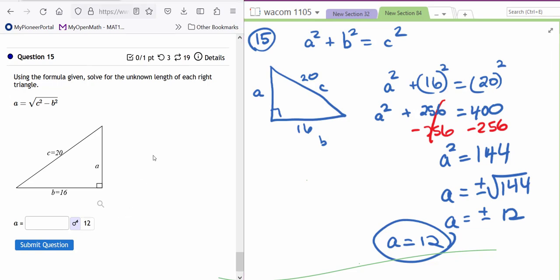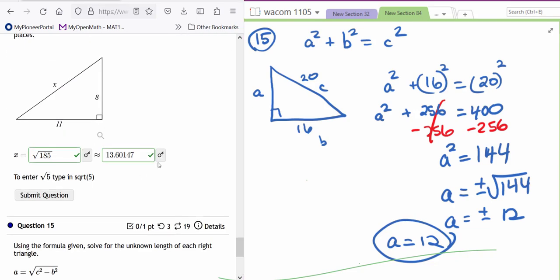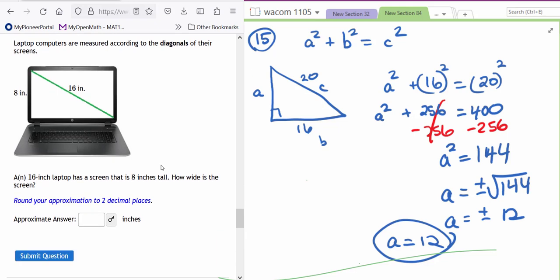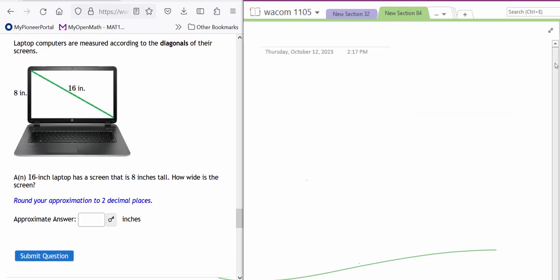Good. All right. Let's backtrack and look at 13 so it won't bother you and at least get it set up. All right, so laptop computers are measured according to the diagonals of their screen. A 16-inch laptop has a screen that is 8 inches tall.